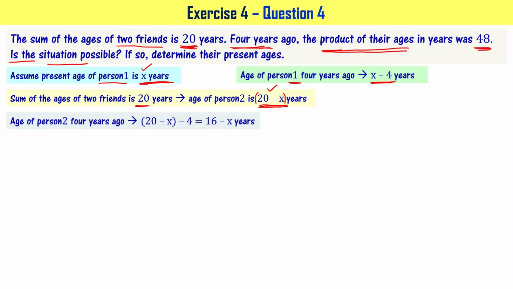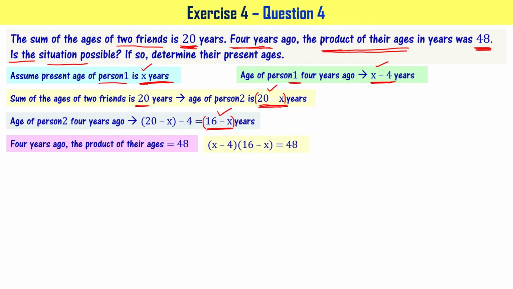That can be written as 16 minus x years, right? And the product of these two ages, x minus 4 and 16 minus x, equals 48. This is the statement given, right? So x minus 4 times 16 minus x equals 48.